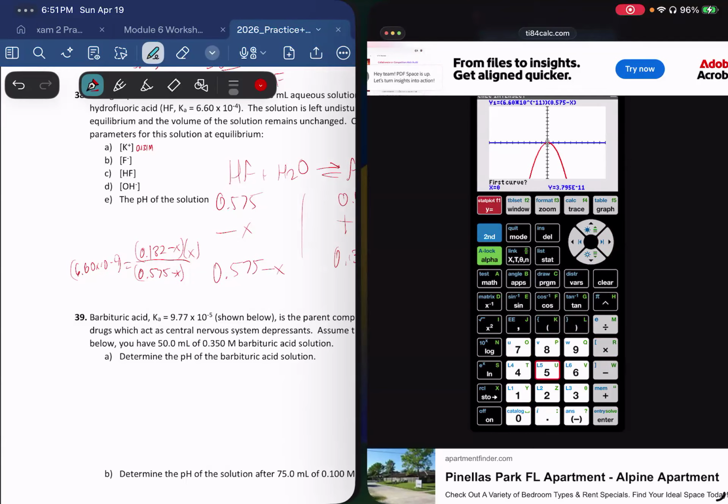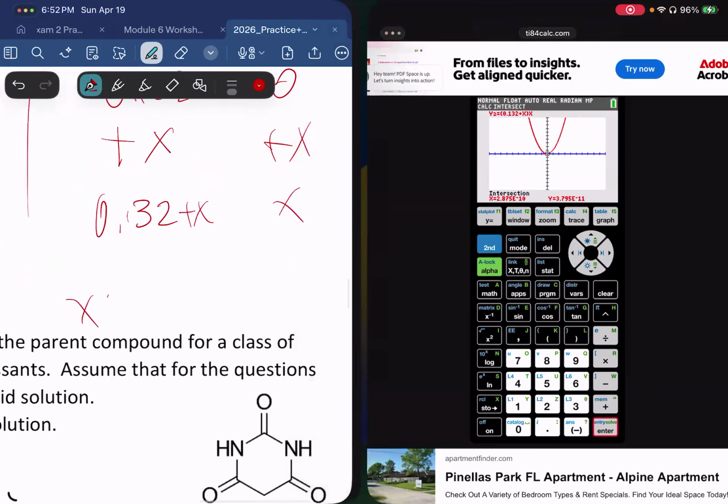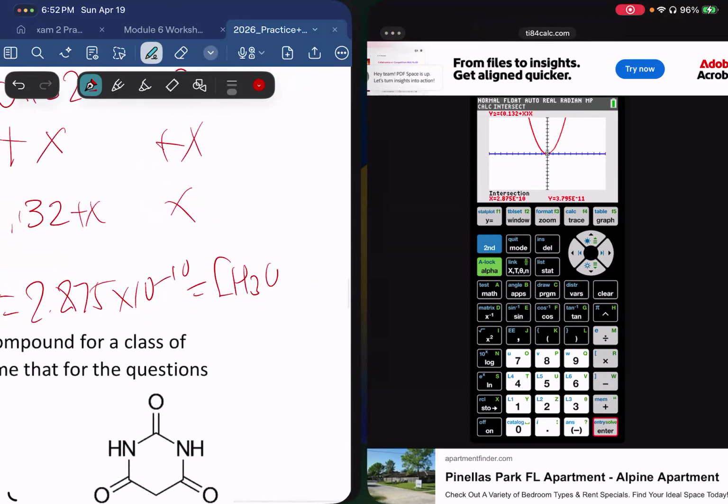Again, I made a mistake; this is supposed to be plus X on this Y2. Second calc, intersect. I got a different X value, 2.875 times 10 to the negative 10, which is equal to the hydronium concentration.